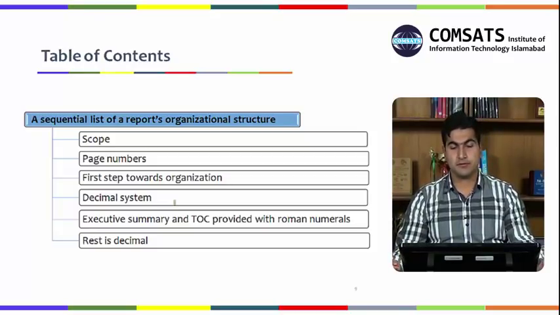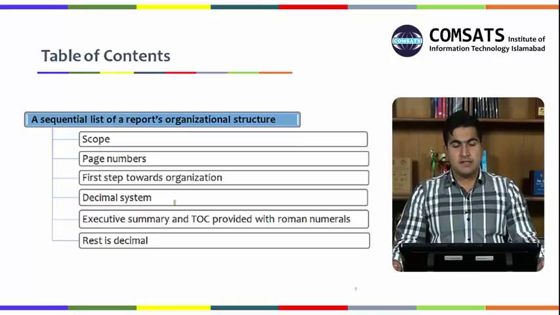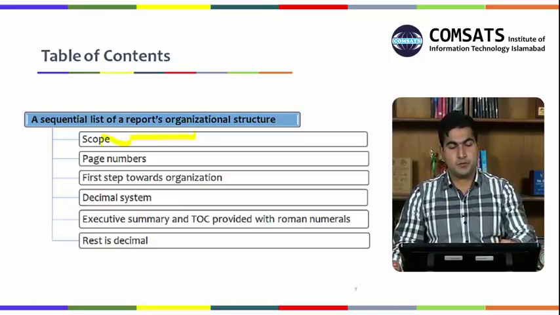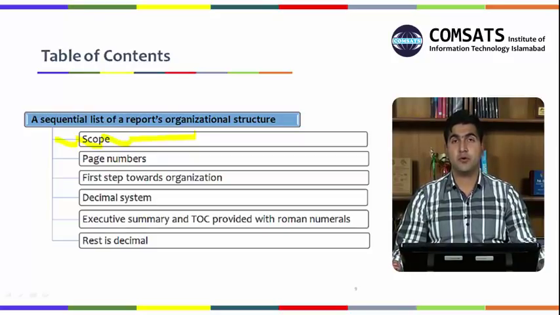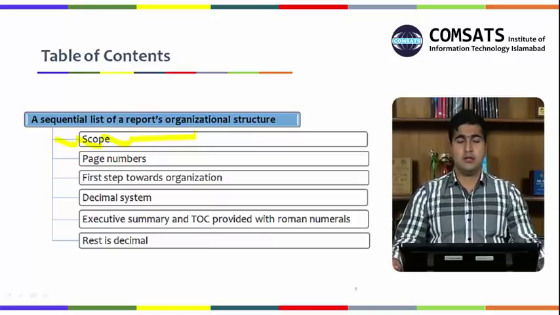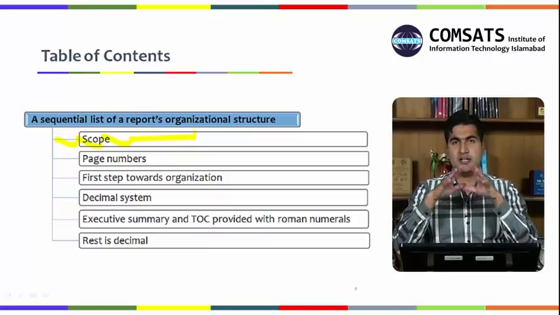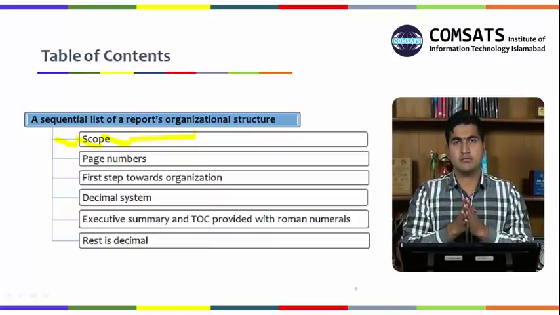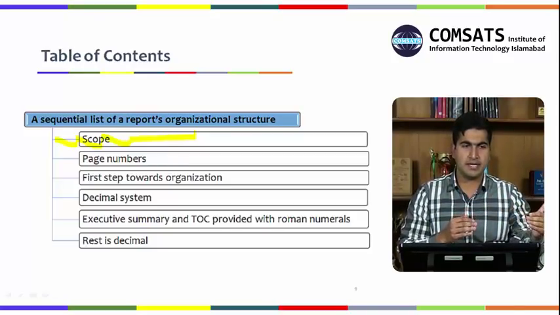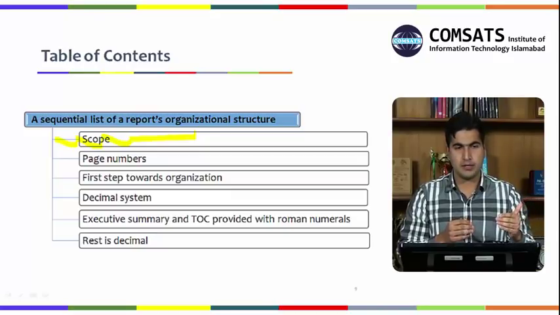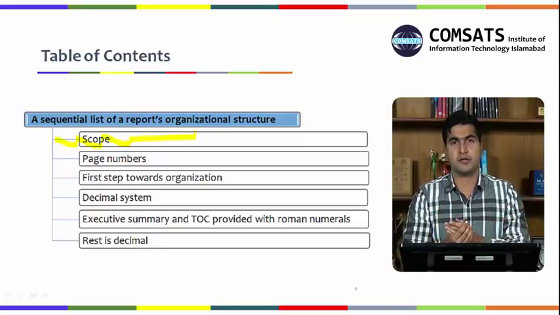So it gives you the sequence. Now, what is the basic focus of this table of contents? Well, it gives you the scope, because it provides you a boundary over which the whole report has been written. How the report begins, how it goes to the peak, meaning the methodology and the most important finding, and then how it comes towards the conclusion.